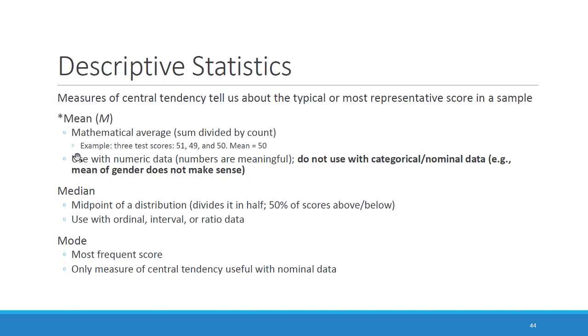On the other hand, if you know that the mean of test scores is 50 and the numbers are 51, 49, and 50, the average score is meaningful in that case. So that might help you remember which types of descriptive statistics to use for which types of variables.